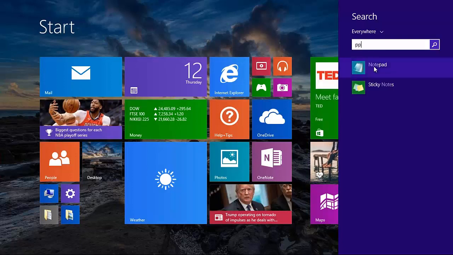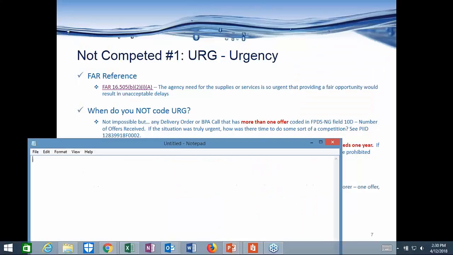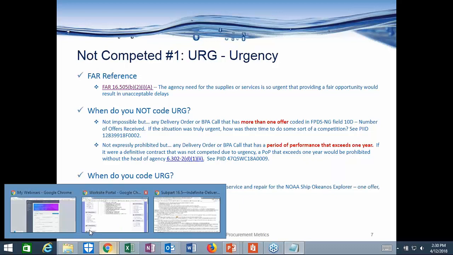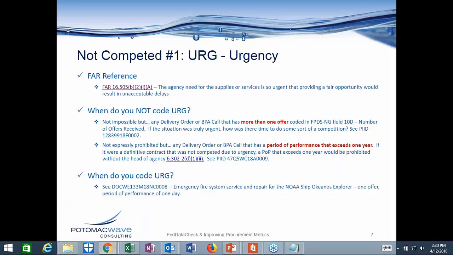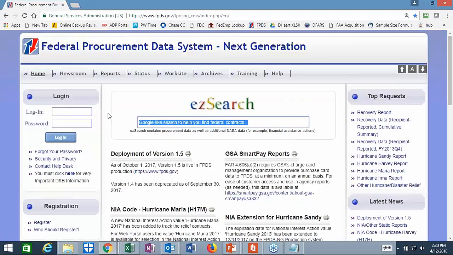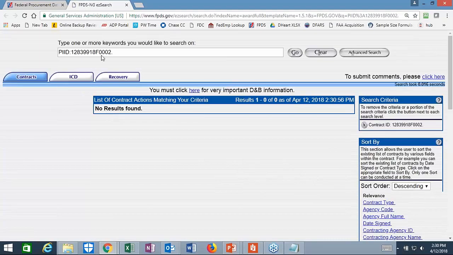Here we go. Finally. Okay, so let's look at this one here, where they coded in urgent and they received more than one offer. So this is the first of the five not competed codes we're looking at.